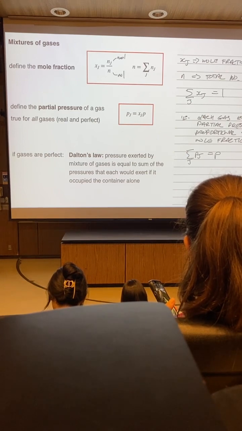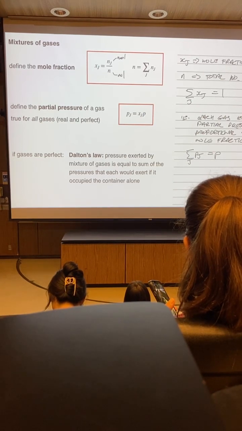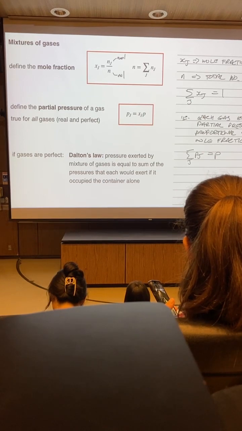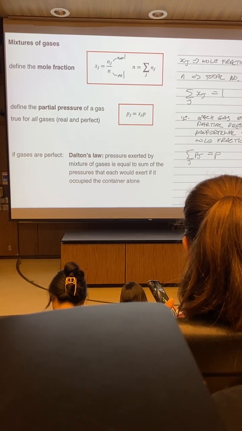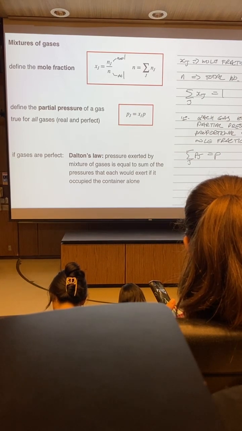So with different molecules, say molecule A and molecule B present, A and B might interact differently from purely A and purely B. So the partial pressure is not quite the same thing. Dalton's law holds or assumes that the gases behave perfectly. So there's a subtle distinction between these two. But we'll stick with the definition that partial pressure is proportional to the mole fraction and the total pressure that you can measure for the system.